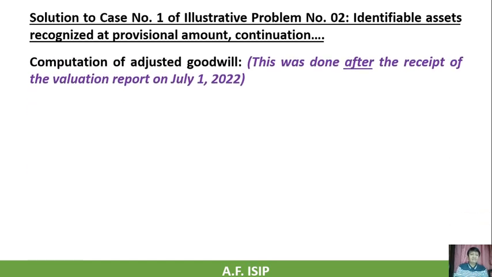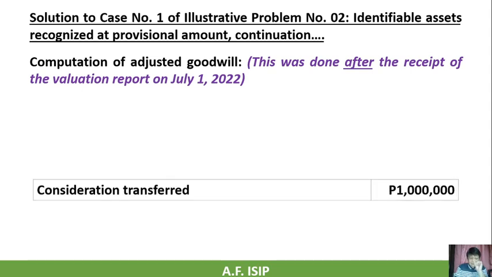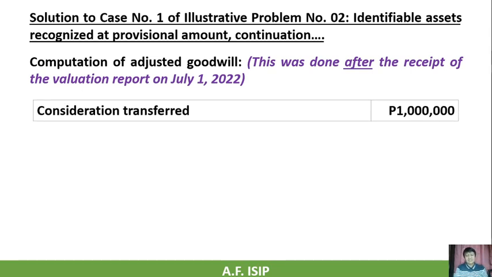So let's now compute for the adjusted goodwill. And this was also done after the receipt of the valuation report on July 1, 2022. Meaning this is the correct amount of goodwill. If you still remember in the previous slide, the goodwill that we computed is 300,000 pesos. By this time, we will compute for the correct amount of goodwill. So the consideration transferred is 1,000,000 pesos.